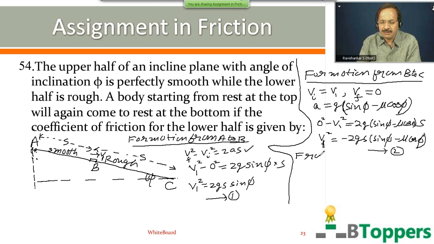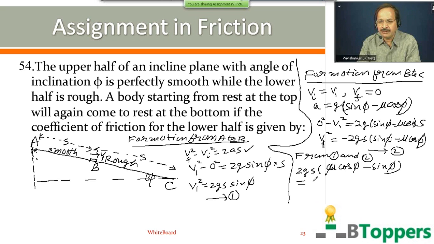So equate the value of V1 square from the first and second equations. From the second equation you can write V1 square equal to 2gs into nu cos phi minus sine phi, if you carry that minus sign inside.